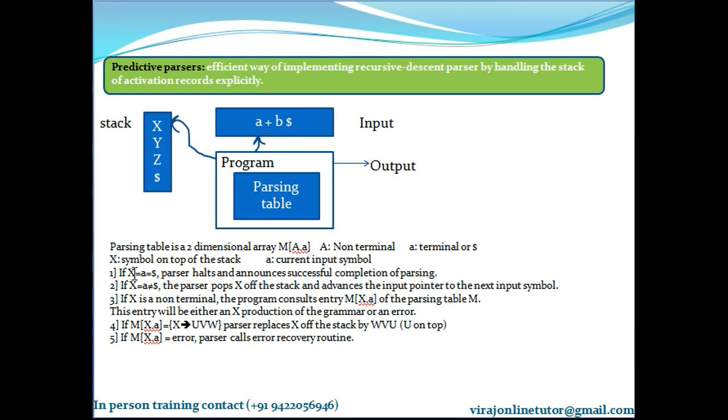On the stack, X is the symbol on top of the stack and a is the current input symbol. If X is equal to a, or both are dollar, the parser halts and announces successful completion of the parsing.